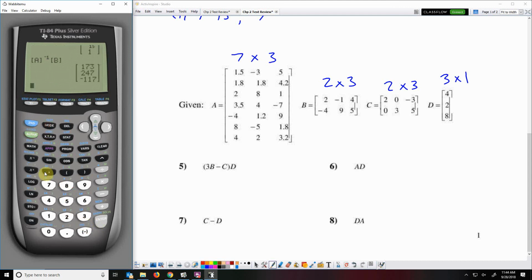Okay, and now I will quit, get back to my home screen, and just start typing these things in as they appear. So I'll open parentheses, 3 times matrix B, second matrix 2, minus matrix C, second matrix 3, close parentheses, times matrix 4, second matrix 4 for D. Okay, so I get a matrix like this, 130, 80.